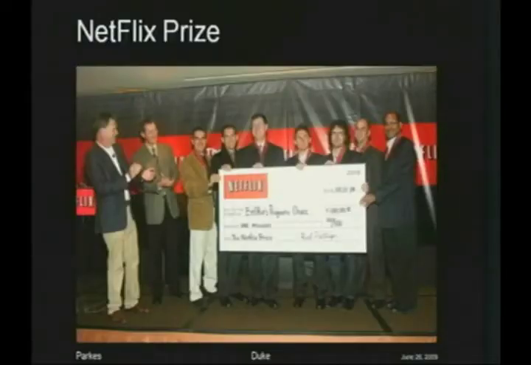So the idea of competition platforms is not in itself new, but this very rapid integration of partial solutions is new. A very nice example is the Netflix competition. So Netflix announced this challenge. We'll pay $1 million to improve the quality of our predictions for which movies you like by 10%.